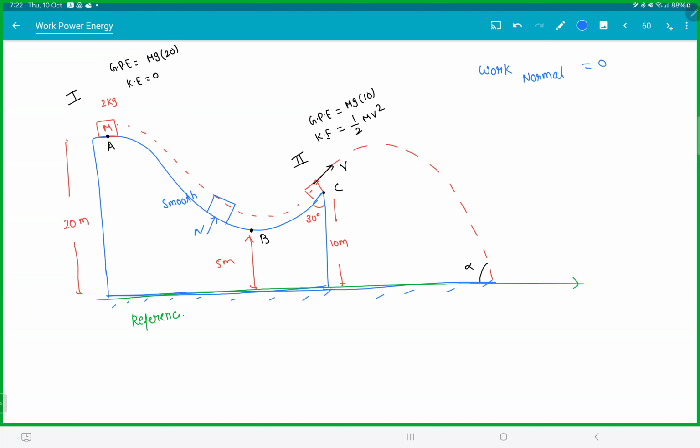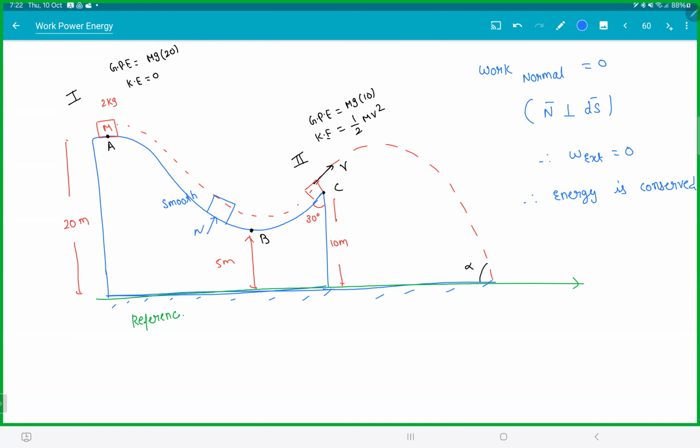So be careful. They'll ask you a question like this. If the work done is zero, does that mean force is zero? Not necessarily. So normal reaction is perpendicular to displacement. So therefore, work done by external forces is zero. Therefore, energy is conserved. You need to first prove that energy can be conserved. Blindly don't conserve energy every time.